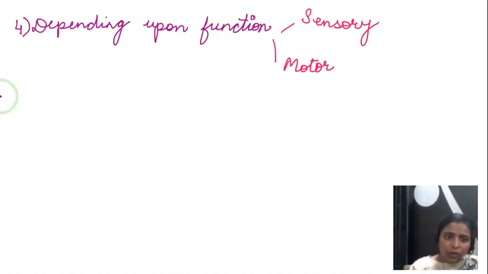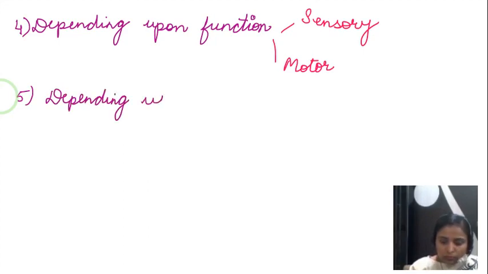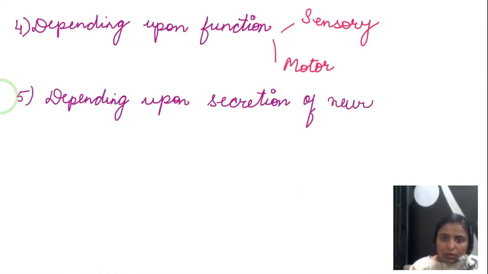And the fifth type is depending upon the secretion of neurotransmitter, that is, the nerve fibers depend upon which type of neurotransmitter they secrete from the nerve endings. We will study it in detail. First let's see the classification.